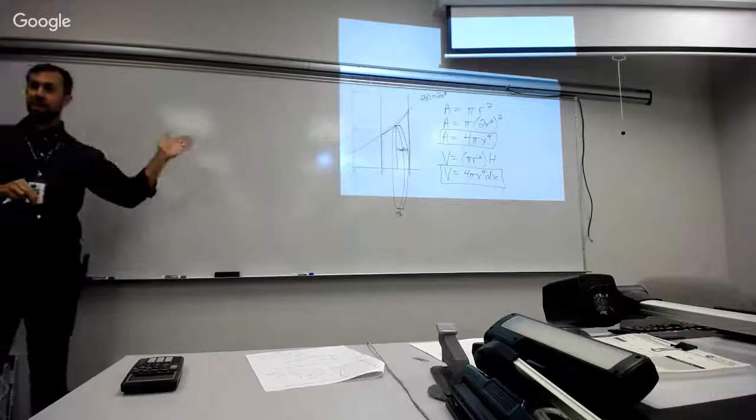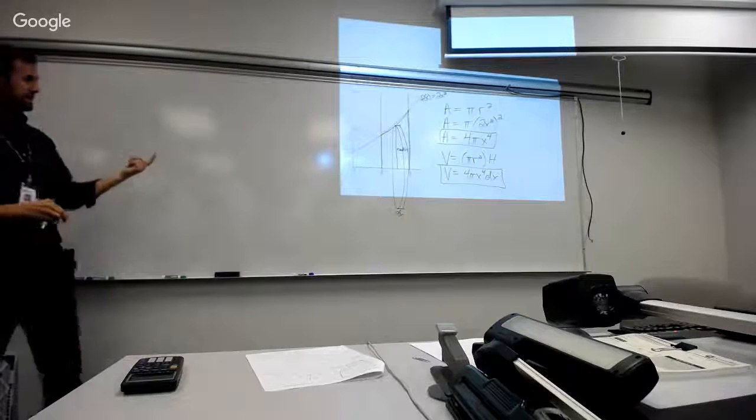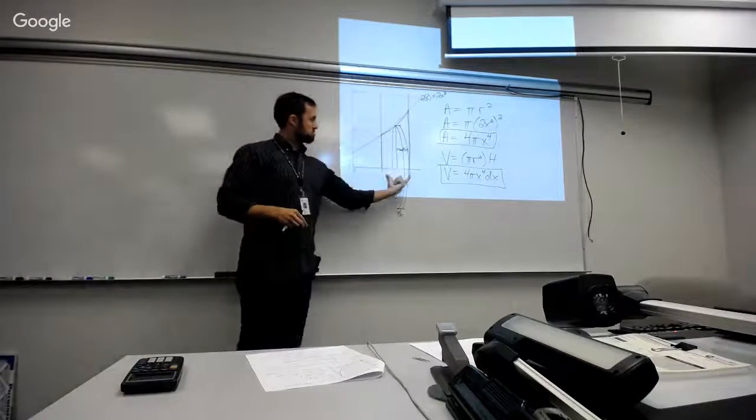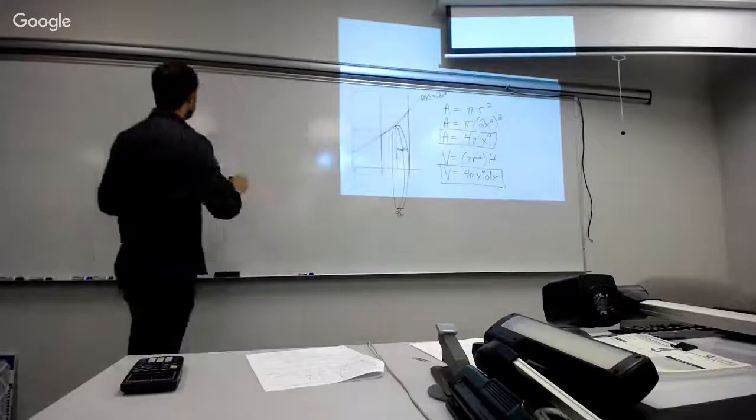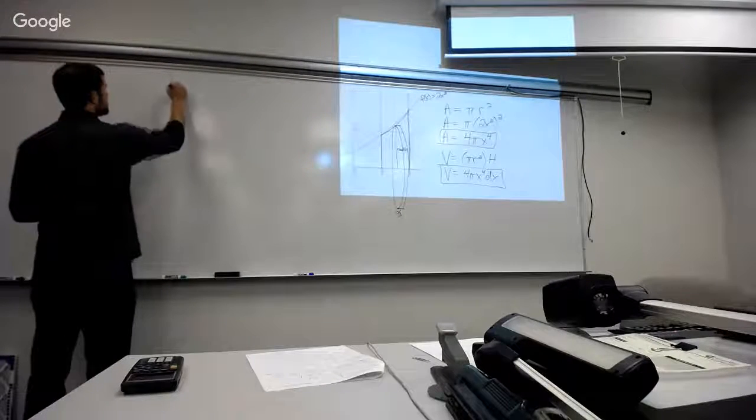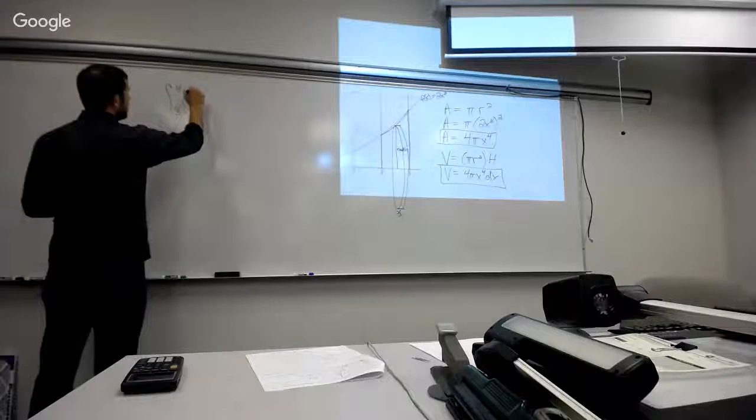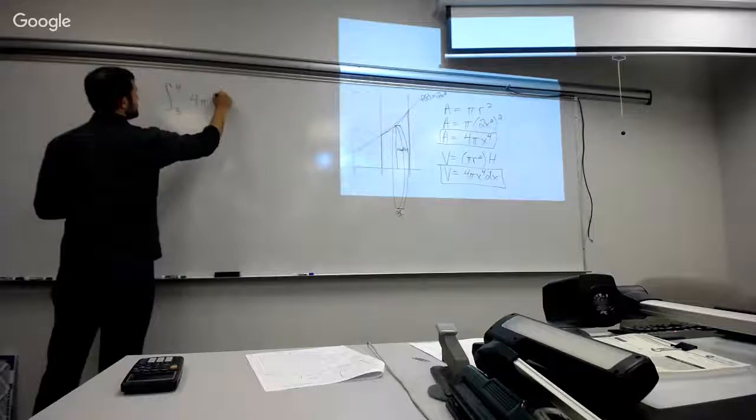And so now we just want to add up all the slices. And where are we adding up the slices between? Between 3 and 4. So that's our integral. The integral is from 3 to 4 of 4 pi x to the 4th dx.